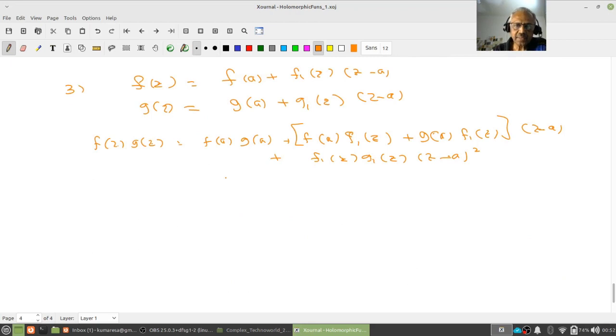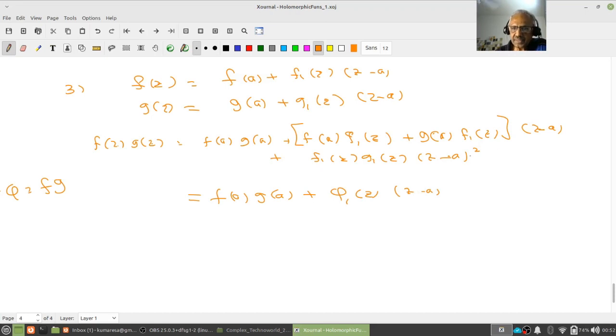But remember, what is that we want to write? We want to write it as f of A into g of A plus some phi 1 of z, call this phi as f times g, phi 1 of z into z minus A. Right?